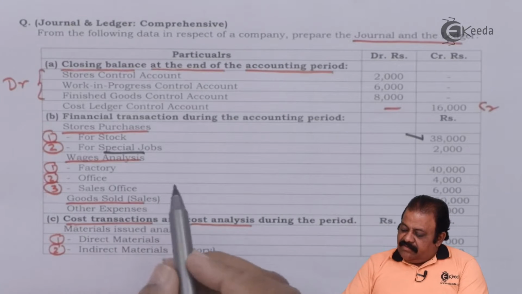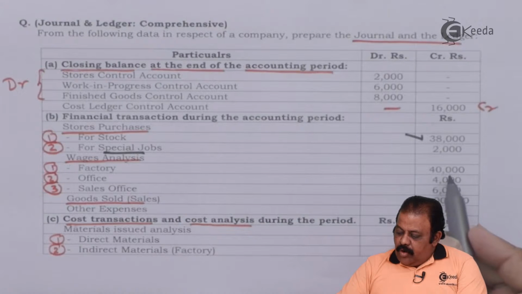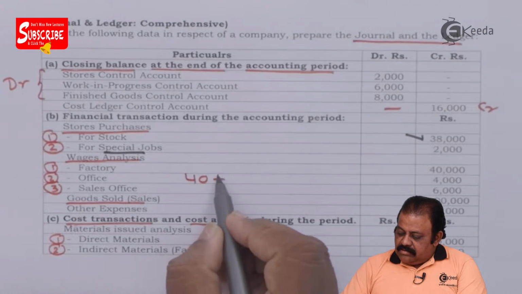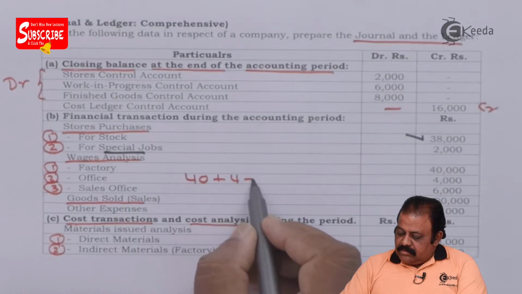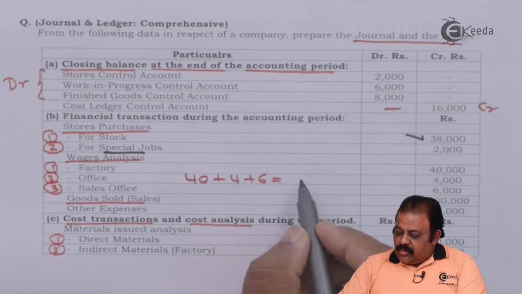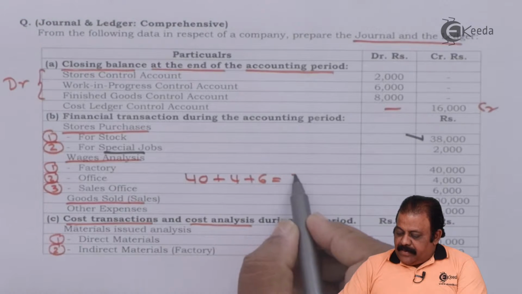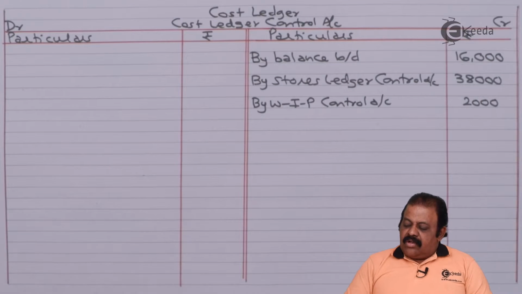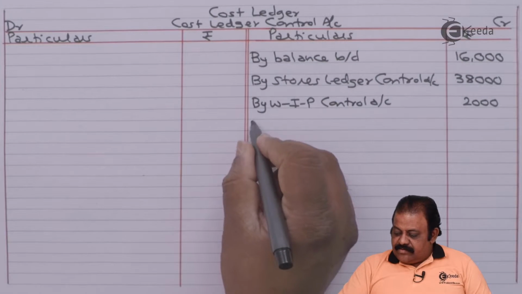Wage analysis: factory 40,000, office 4,000, sales 6,000. 40,000 plus 4,000 plus 6,000, total amount is 50,000. This 50,000 will be credited to cost ledger control account.